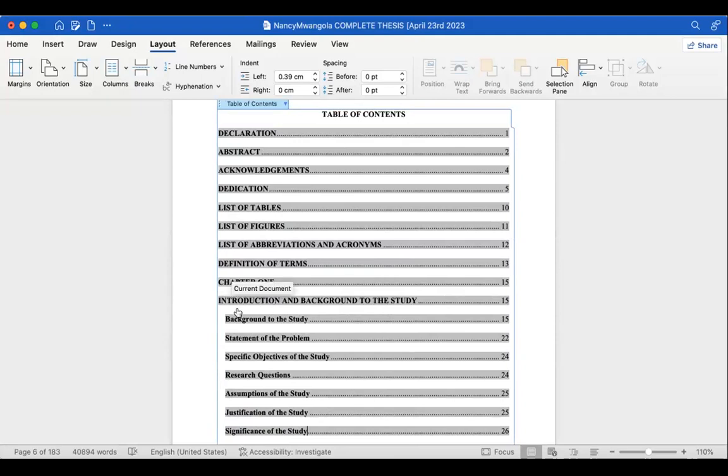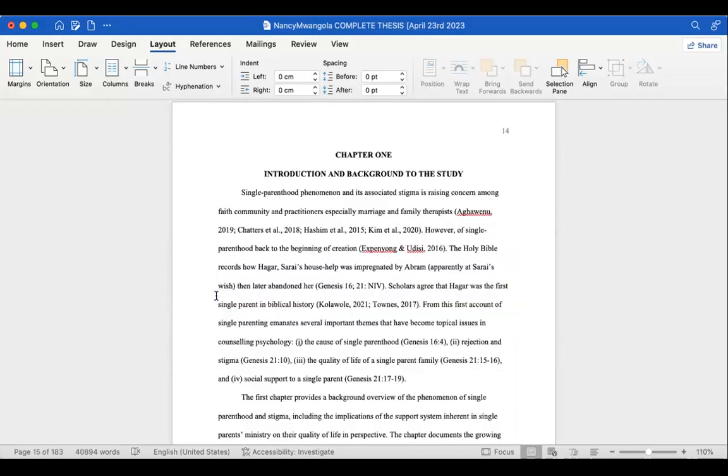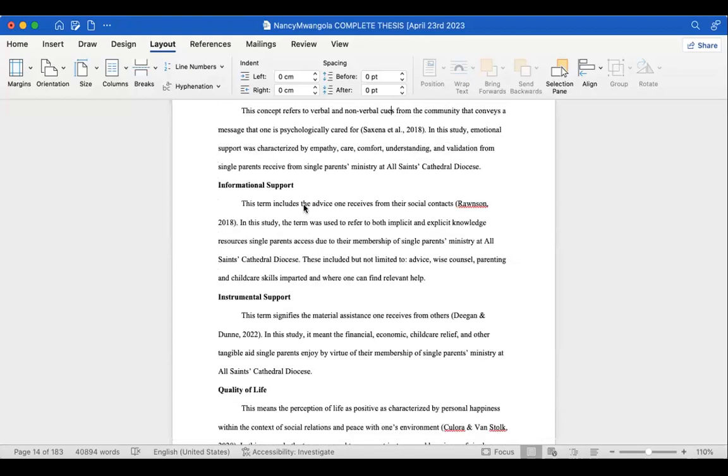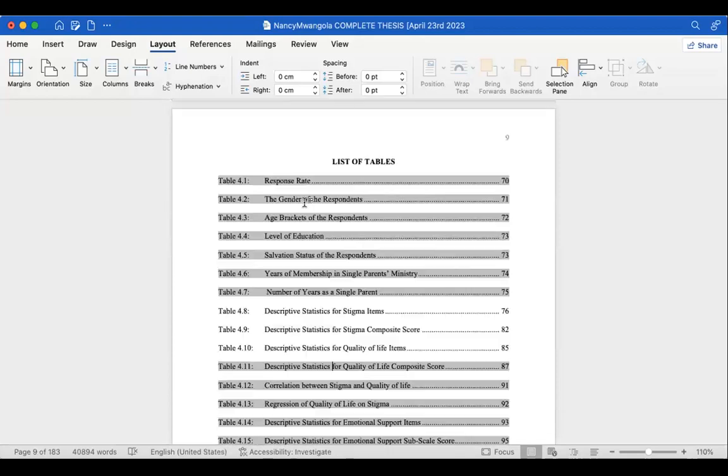Yes. So for our friend Wairimo, she will be labeling her headings. You go to the table of contents, because I clicked on it.